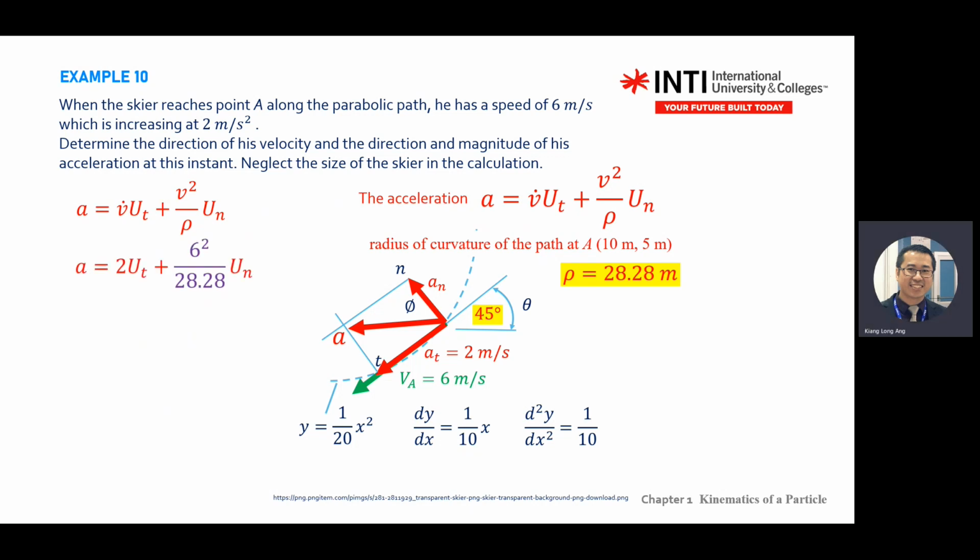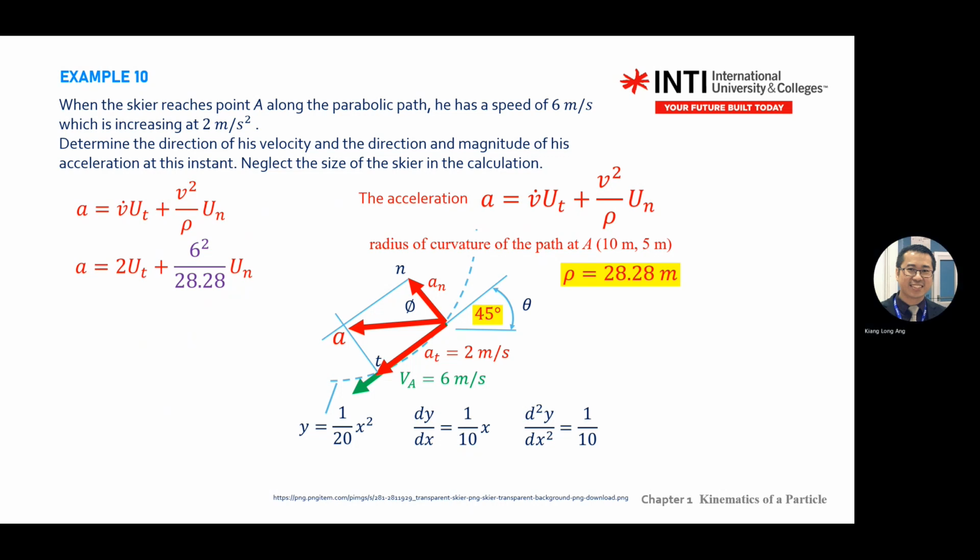You have A equal to V dot ut plus V square over rho un. You have your acceleration. V dot means acceleration. You have 2. V square, you have 6. And then rho you defined just now, 28 something. So be careful in your calculation because it's always snowballing.